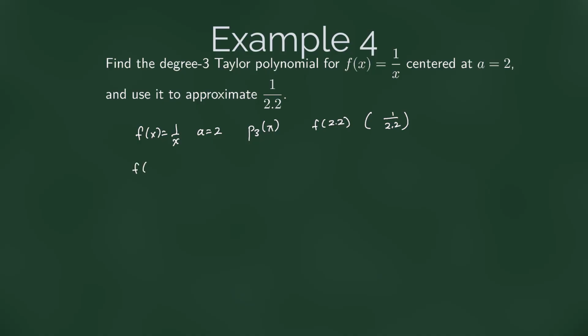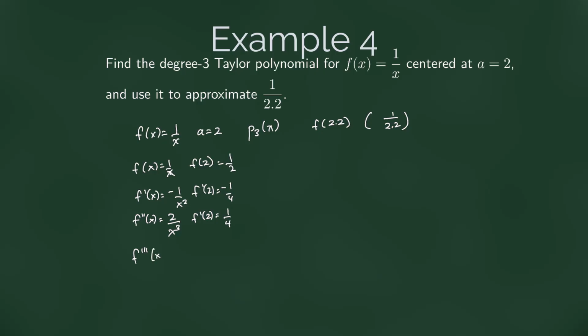So we know that f of x is 1 over x, which means that f of 2 is 1/2. F prime of x is going to be negative 1 over x squared, so that f prime of 2 is negative 1/4. F double prime of x is going to be positive 2 over x cubed, so that f double prime of 2 is 2 over 8, which is positive 1/4.